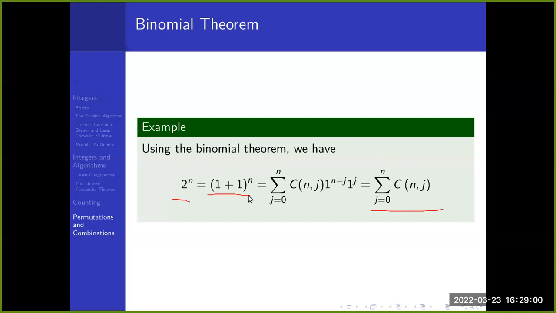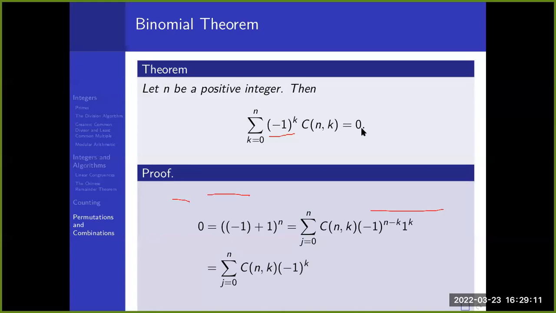So here is another one that makes use of a binomial expansion. If you have minus 1 raised to k multiplied by C(n, k), then you sum all this over k, where k runs from 0 up to n, they claim that the answer should be 0. So the trick to solve this is to notice that 0 can be written as minus 1 plus 1, and 0 raised to n is just 0.